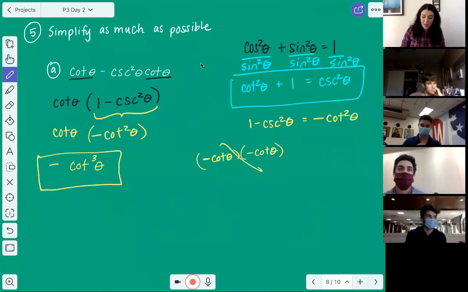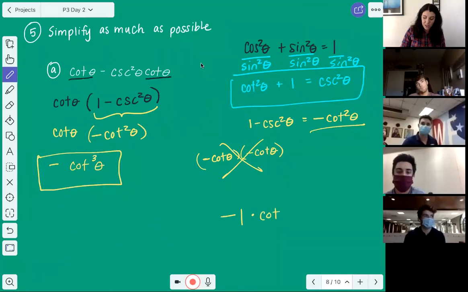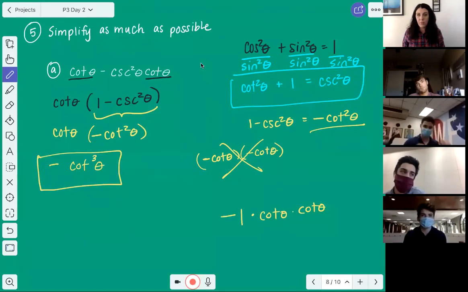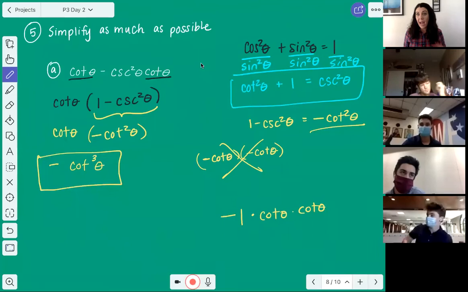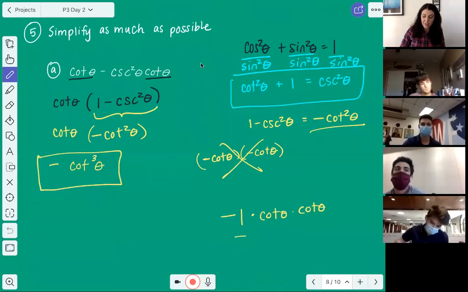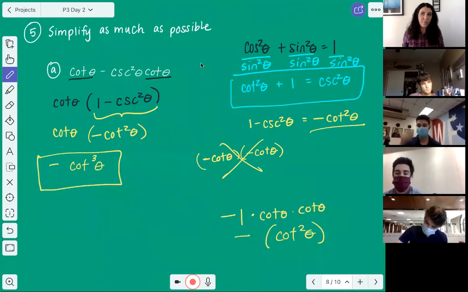Negative cotangent squared actually means negative 1 times cotangent times cotangent. So we're squaring the cotangents, but we still have a negative out in front of that. So it's like negative times cotangent squared. All right, thank you. Good question.